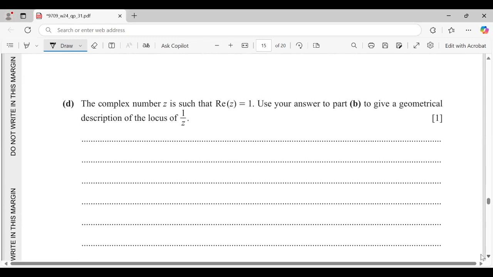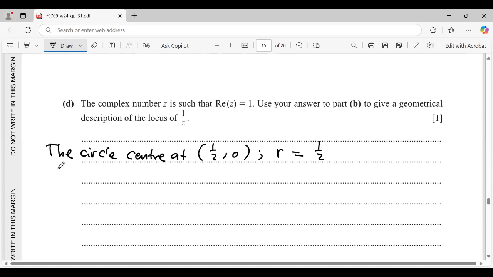The complex number z is such that the real part of z equals 1. Use your answer to part B to give a geometrical description of the locus of 1 over z. The circle with center at 1/2, 0 with the radius equal 1/2.